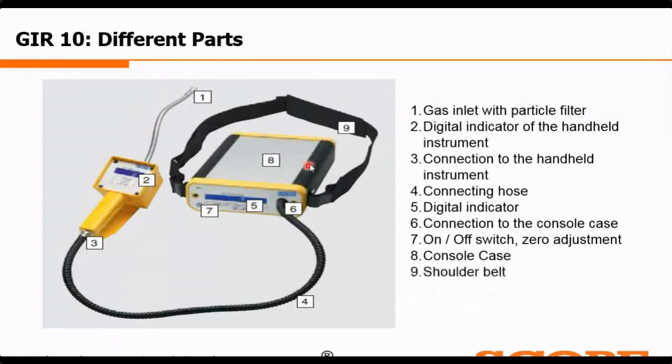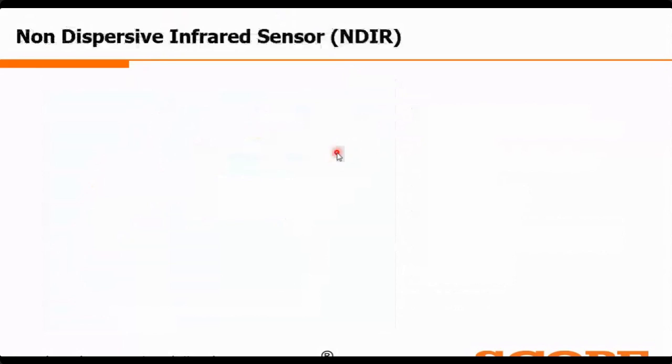This is the console case and this is the shoulder belt. If you are going to the upper part of the circuit breaker, for example, to check the interrupter portion of the AIS circuit breaker, you need these shoulder belts, because this is a protective part of this equipment.